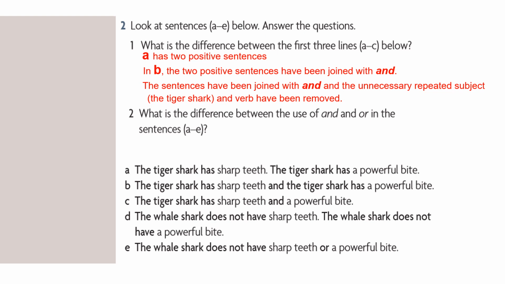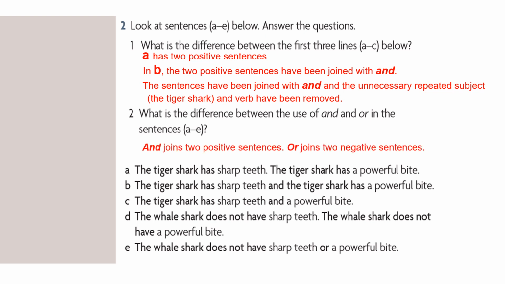Question number 2. What is the difference between the use of and or in the sentences A to E? Pause the video for a while and read the two sentences carefully.